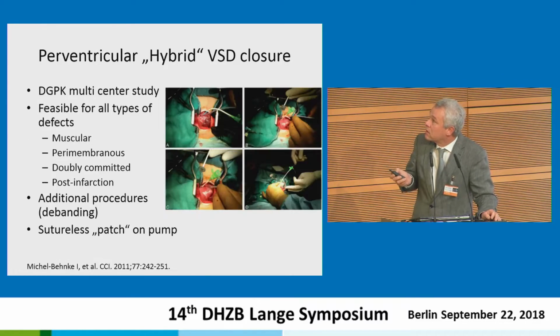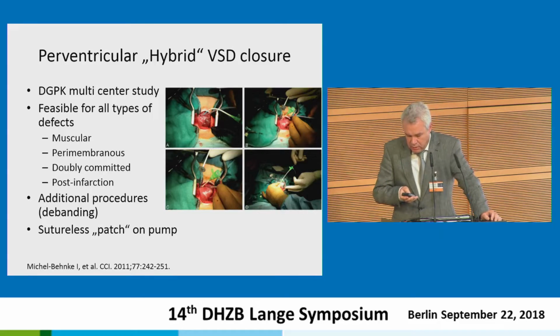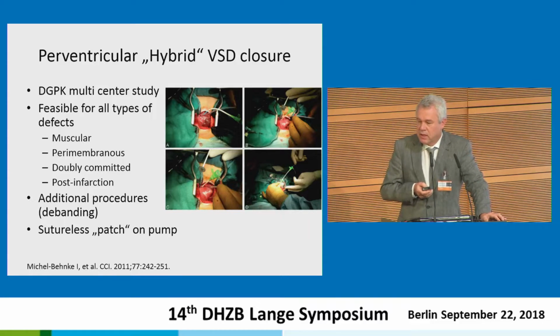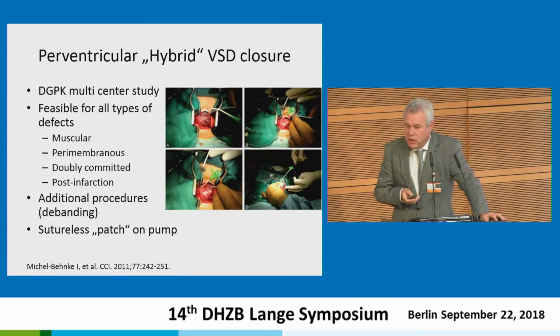Yeah, there is a multi-center study of the German working group. Ina Michel-Behnke has published it, and it showed that you can do this perventricular hybrid VSD closure in all types of defect.